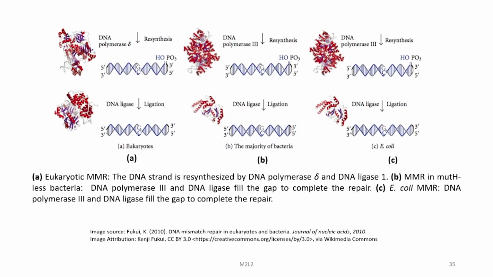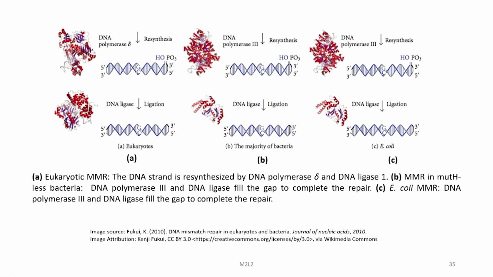In eukaryotes, as seen in figure A, the DNA strand is resynthesized by DNA polymerase delta and DNA ligase 1 will do the ligation reaction, whereas in MutH-less bacteria, DNA polymerase III and DNA ligase do the job.